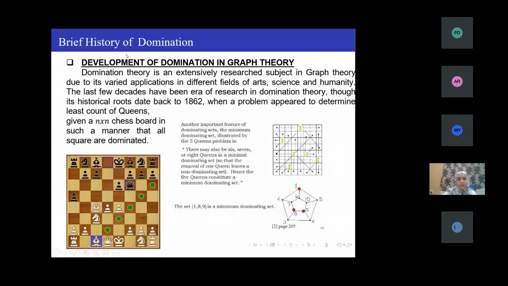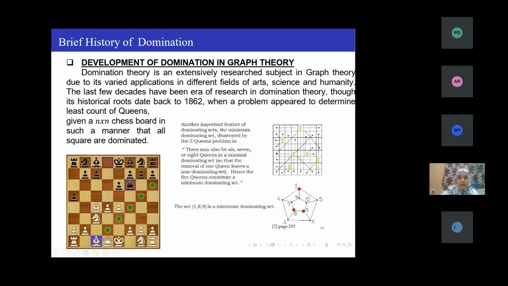Now, the development of domination in graph theory. Domination theory is an extensively researched subject in graph theory. For a decade we have been learning domination theory in graphs. Many research papers have been written on this topic, with applications in the fields of arts, science, and humanities.